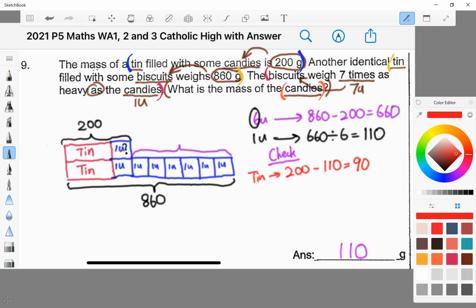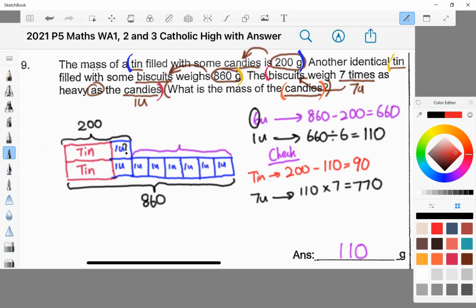What about the mass of the tin when it's paired together with the biscuits? Well, 1 unit, as we have found earlier, is 110. Then what will be the mass of the biscuits? It has got to be 7 units. So 7 units will be 110 times 7, which leads us to 770.